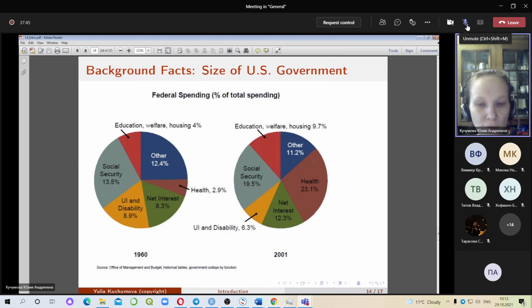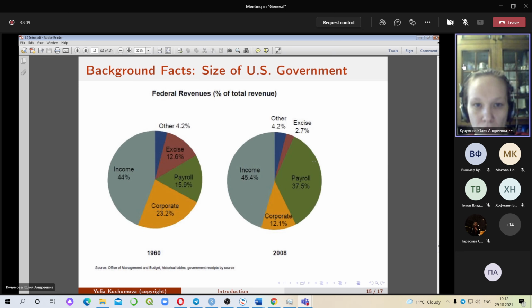But as you see from this very basic pie chart, they do work on this issue. Compared to previous years, they expanded their health programs. Okay, so let us move on.